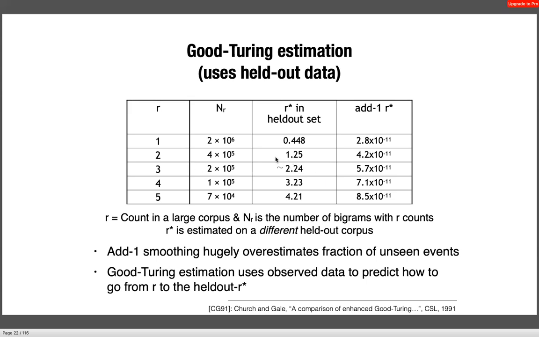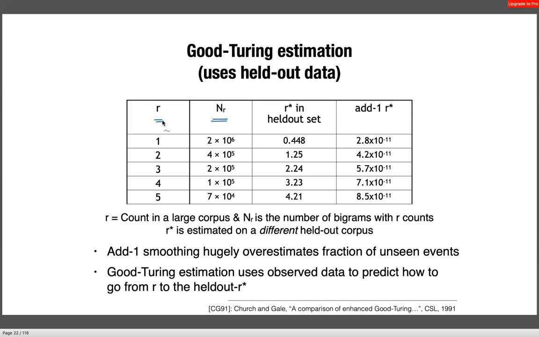So for Good Turing estimation, you don't assume access to an actual held out set, because that might be an additional resource which you may not have access to. Good Turing estimation uses the observed data, and the observed data is what you use to estimate these numbers, the first two columns of this table.